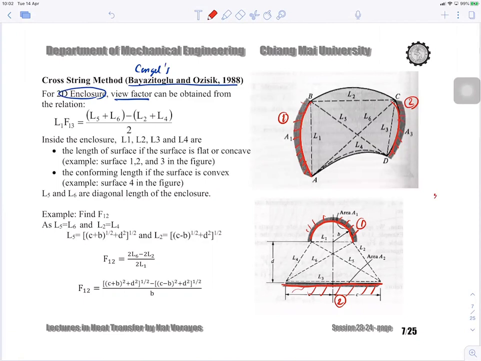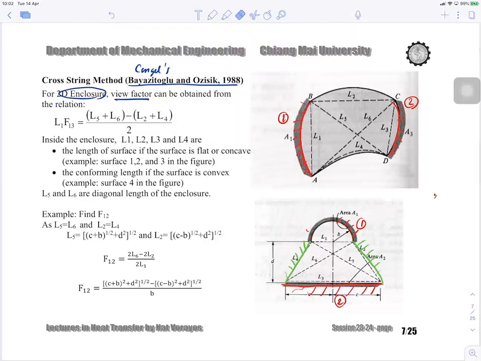Well, if I add an imaginary surface over here, this is the surface of the surrounding. This is the surface of the surrounding. By having the red surfaces and green surfaces, combine them together, there you go. You have the enclosure right there.